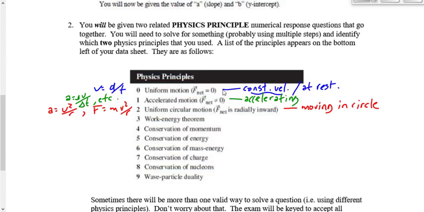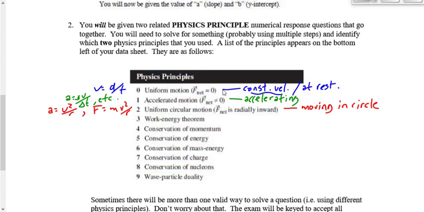Now, a couple of words of caution about this one. Number one, if you're using uniform circular motion, that's technically accelerated motion as well, right? You can't list both. If it's moving in a circle, list principle 2, not principle 1, even though technically it is accelerated motion as well. They won't give you credit for listing both of them.